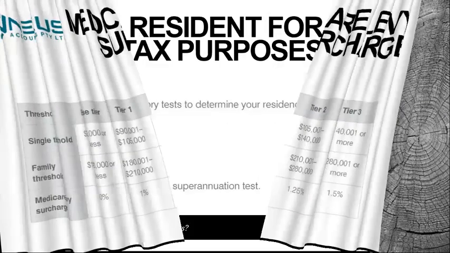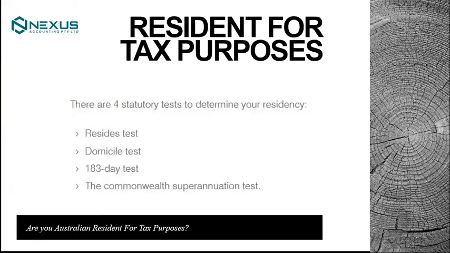Now, at the beginning, I did say that the rates displayed in those tax brackets apply to Australian residents for tax purposes. If you are a non-resident or if you need to decide your residency status, then there are four statutory tests that deal with this issue, and they are the resides test, domicile test, 183-day test, and the Commonwealth superannuation test.